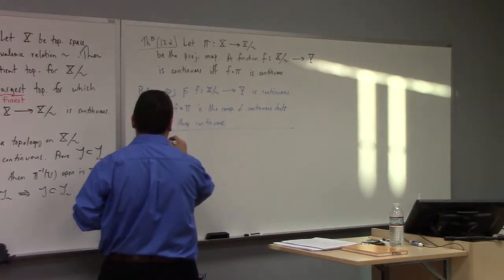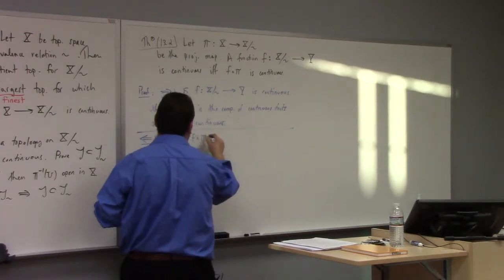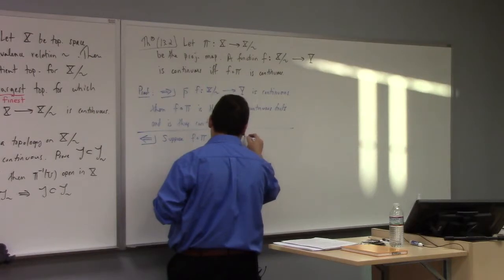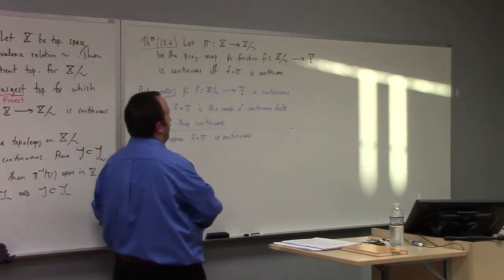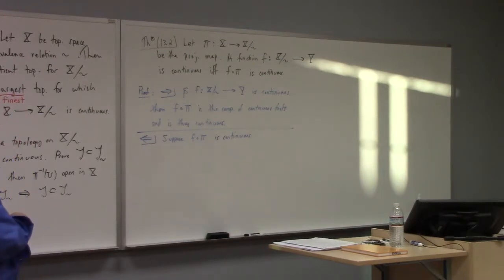So suppose f composed with pi is continuous. I guess we should do what? Pick an open set.